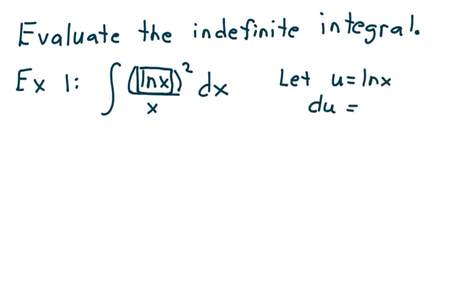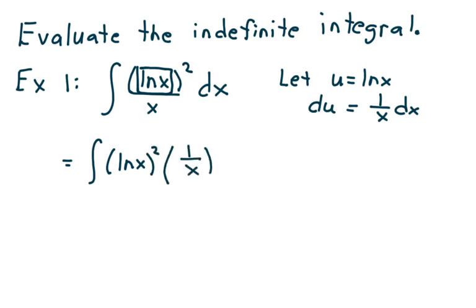Now you have to calculate du. That's going to be 1 over x dx. So I'm going to rewrite this first as the integral of natural log of x squared times 1 over x dx. I did that on purpose because I want you to really see what it is I'm looking at. Now I'm going to transform this integral in terms of u. I replace natural log of x with u, so you get u squared, and 1 over x dx becomes du.